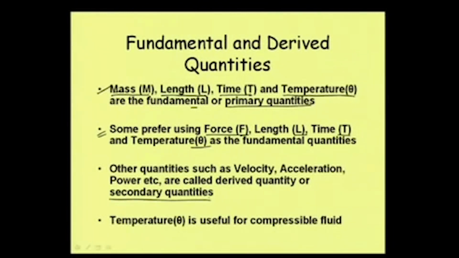So we should be clear about which part is fundamental and which part is derived. When we go for dimensional analysis, we express all the derived quantities in terms of the fundamental quantities.